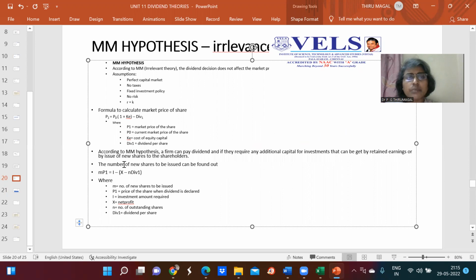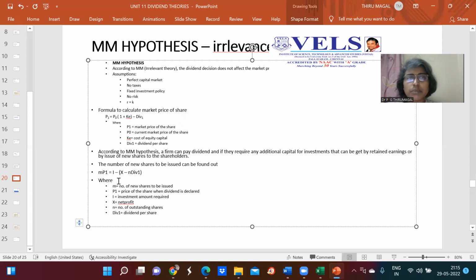Suppose they want to issue new shares; the formula to find the number of new shares is M P1 equal to I minus (X minus n D1). M is the number of new shares to be issued. P1 is the share price when the dividend is paid by the company. I is the new investment they want to make.